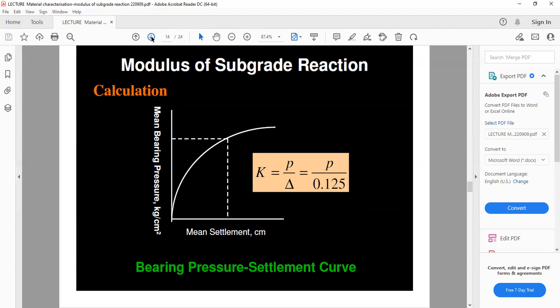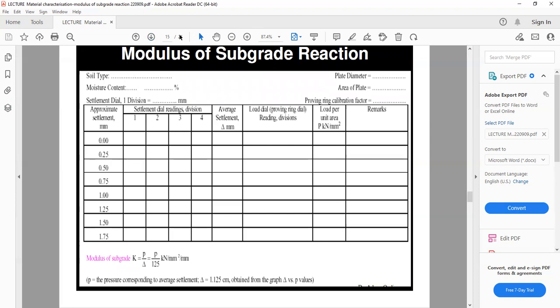Then we have a sample recording sheet, in which we mention the soil type, the moisture content, the settlement dial, the plate diameter, the area of the plate, the proving ring calibration, and the approximate settlement at every point at 0.25 mm increments.